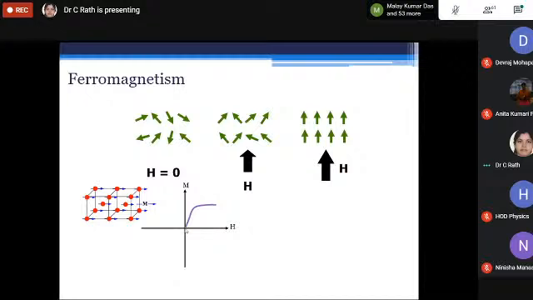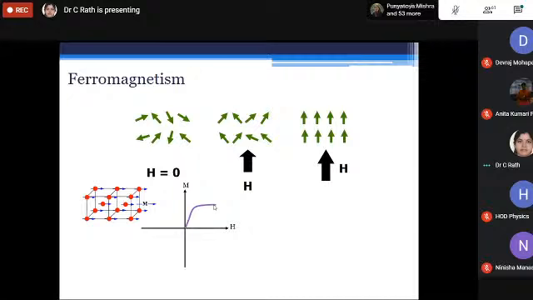As you increase the field, these domains align towards the magnetic field direction, and at a field which makes them all align towards the magnetic field direction, all the domains become a single domain. So here one can see all these moments are aligned towards the magnetic field direction, and that is the case where you get a saturation value in ferromagnetic material.